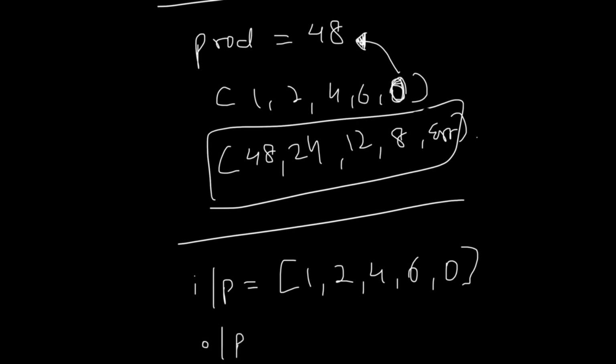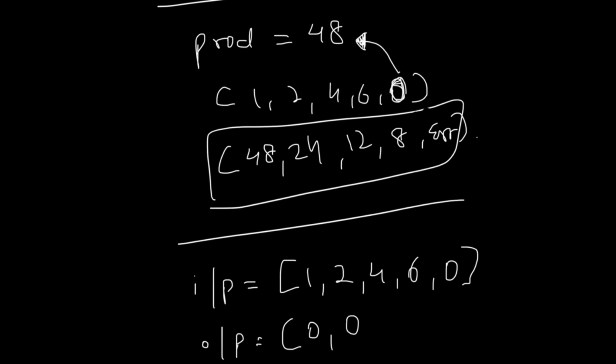Let's try and calculate. The output here for 1 will be the product of all other elements, which will be 0 because we have a 0 over here, right? So this will be 0. Similarly for 2, it will be 0 as well because the product of 1, 4, 6, and 0 will always be 0 because we have a 0 inside the array.